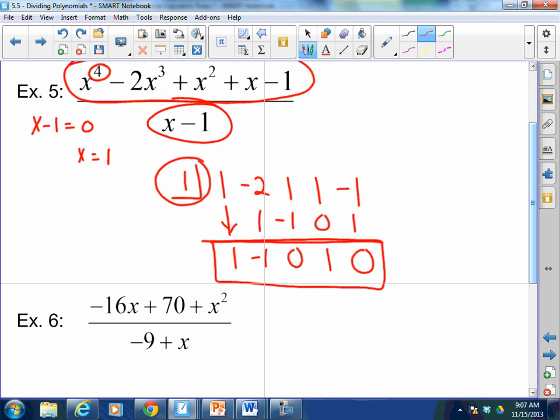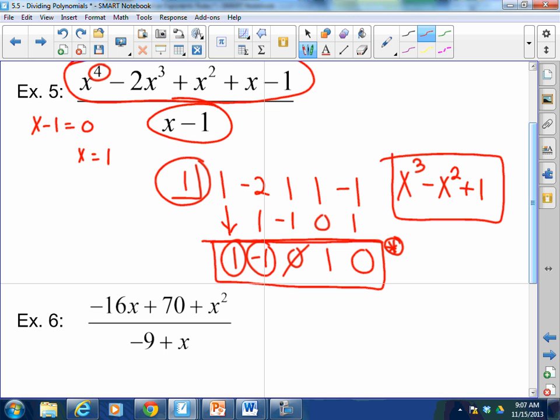These down here are all of the coefficients starting with 1 less exponent. So your answer here is going to be x to the third, that's this one, then negative x squared, that's that coefficient, 0x, so we don't have an x, plus 1, and you have no remainder. And that's your answer.